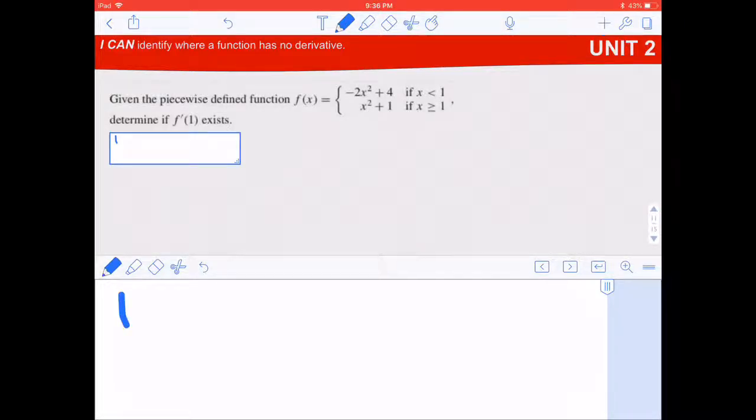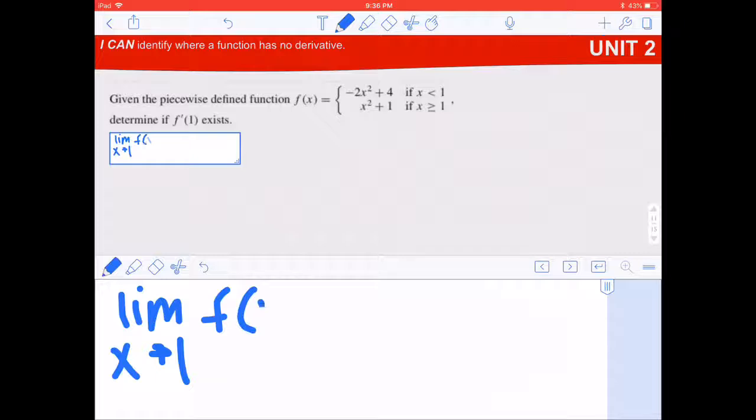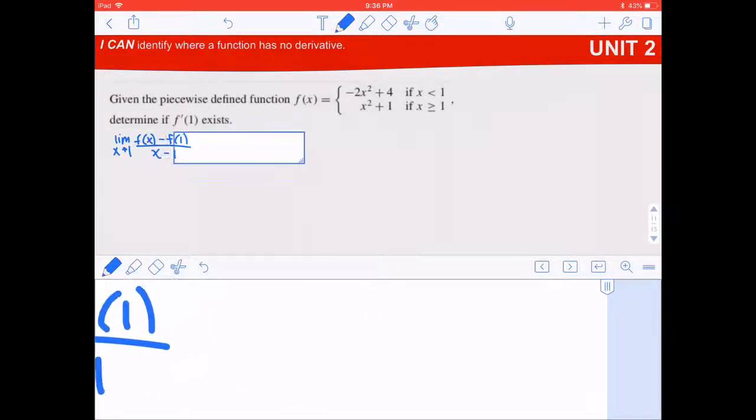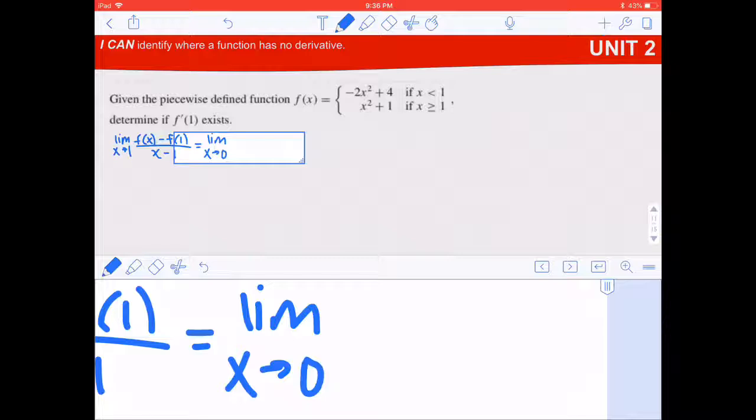So we have the limit as x goes to 1 of f of x minus f of 1 over x minus 1. And we're going to investigate this limit here. So this should be 1.